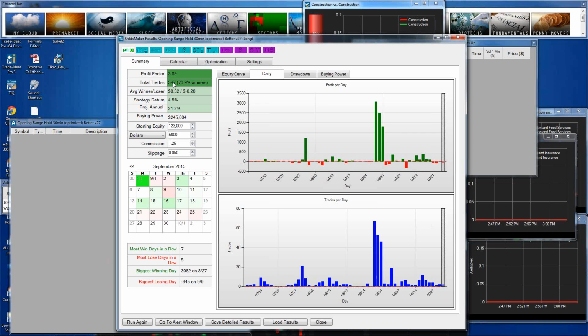And what I'll say about that is that if you don't have a tool like the odds maker, you just simply cannot do that type of heavy lifting. So the odds maker is a very powerful tool that allows us to learn at a rate which is exponential compared to not having a tool like this.